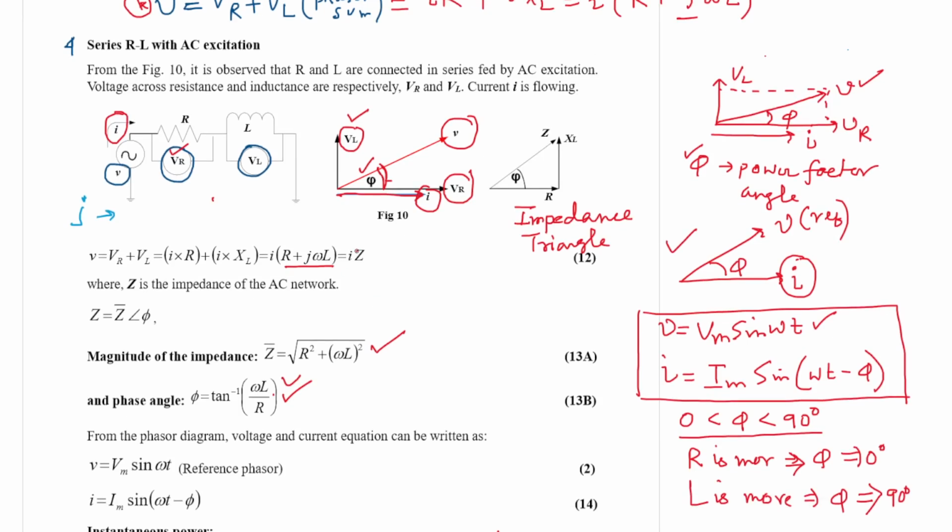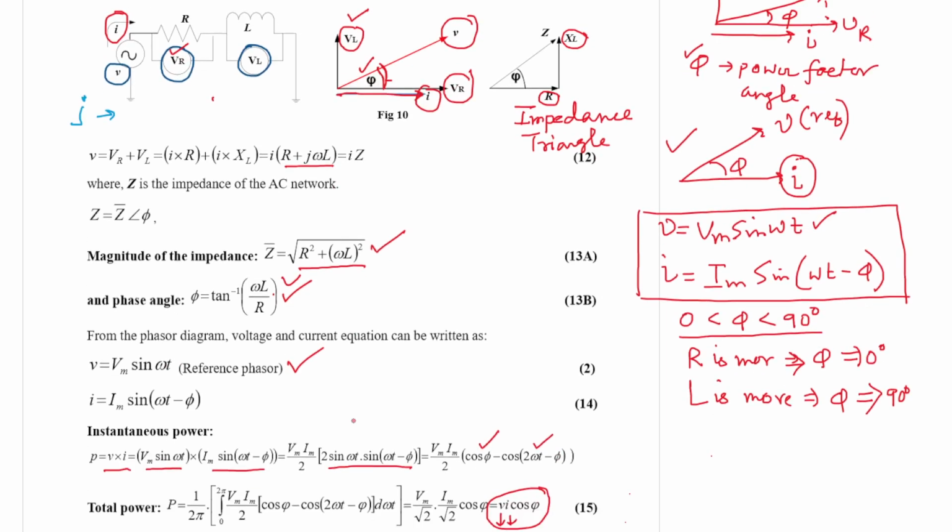From there we got an impedance triangle where the x-axis is represented by resistance, the y-axis by inductive reactance, and the sum of them is Z. So Z is the magnitude, root under R square plus omega square L square, and the phase angle phi is tan inverse of omega L by R. Now from the phasor diagram, if you write V equal to Vm sin omega t, which is the reference, I must be lagging by an angle phi.